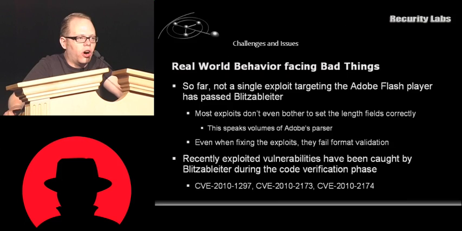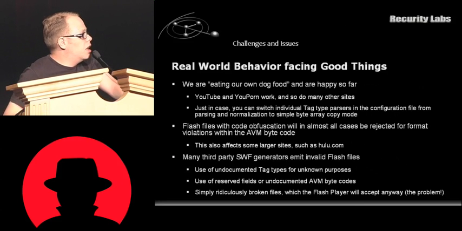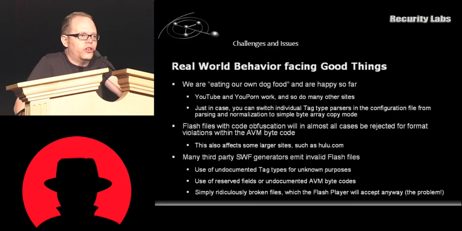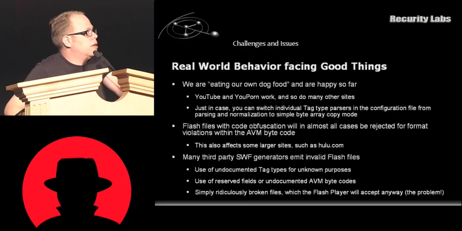And they are all caught by the format verification and normalization. Recent exploits, as I mentioned, have been caught by the code. We have been eating our own dog food as you should, and we're so far happy with it.